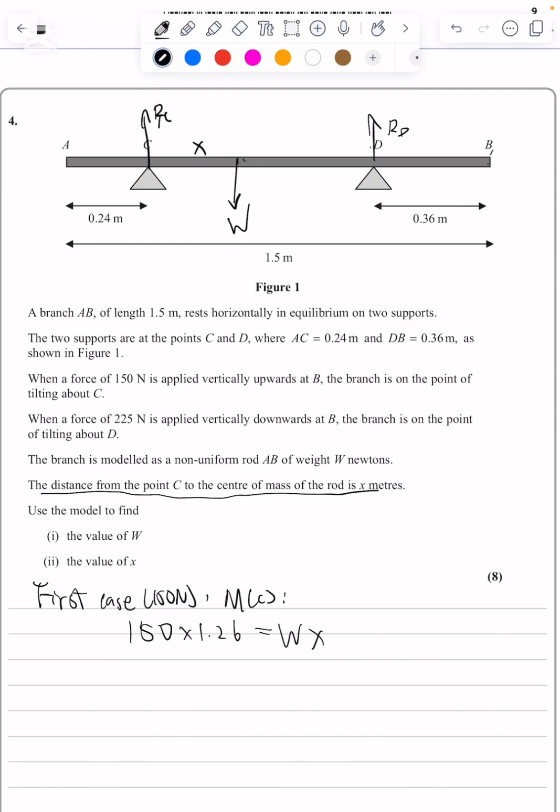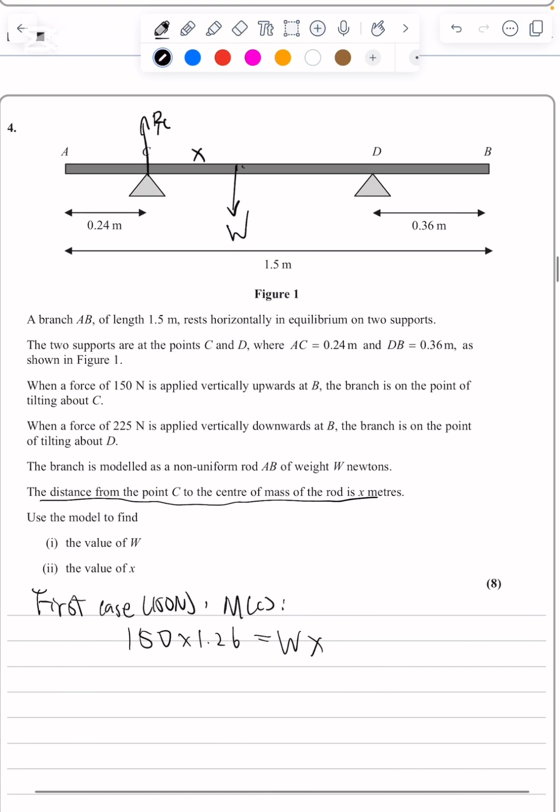Here there's a 150 newtons, right? Okay. Yeah, I didn't prepare. I didn't do this paper beforehand, so you know it's going to be kind of messy. So bear with me, I'll try to explain everything here. In this first case, there's 150 newtons.